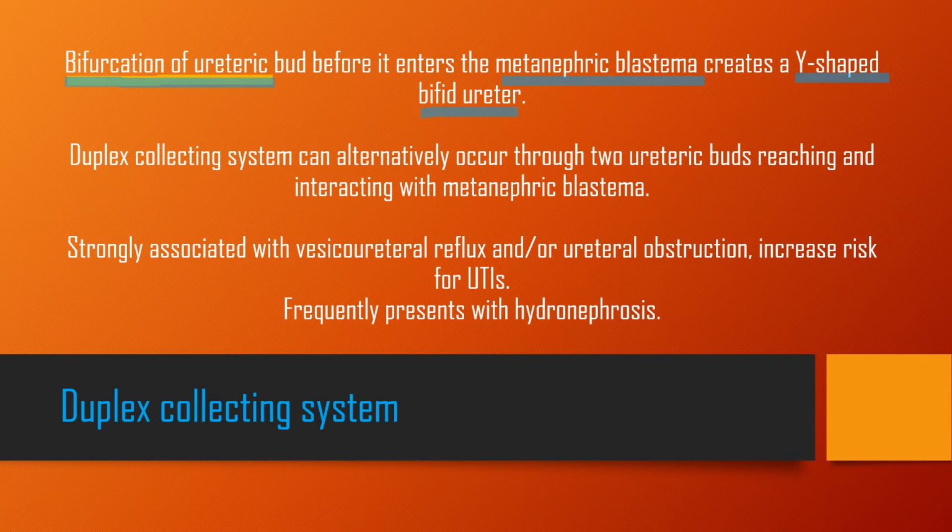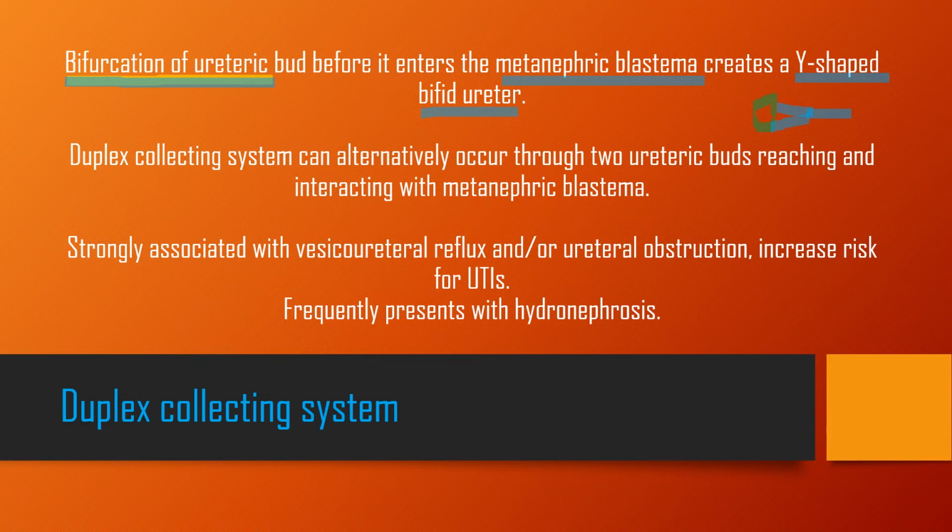So this is the metanephric blastema, and this is the ureteric bud. It bifurcates, forming the Y-shaped bifid ureter. So two ureteric buds get formed, which leads to a duplex collecting system.